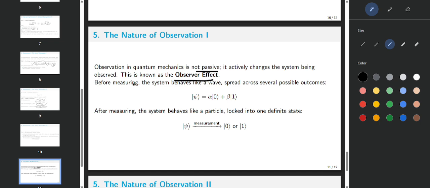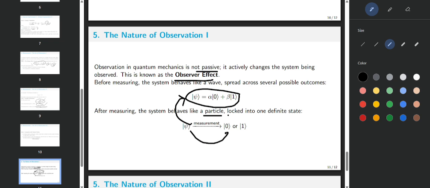But once you measure it, it behaves like a particle, fixed to one definite state. Before measurement the state is alpha ket 0 plus beta ket 1. After measurement it becomes either 0 or 1. The wave function is collapsed and you end up getting only this result.